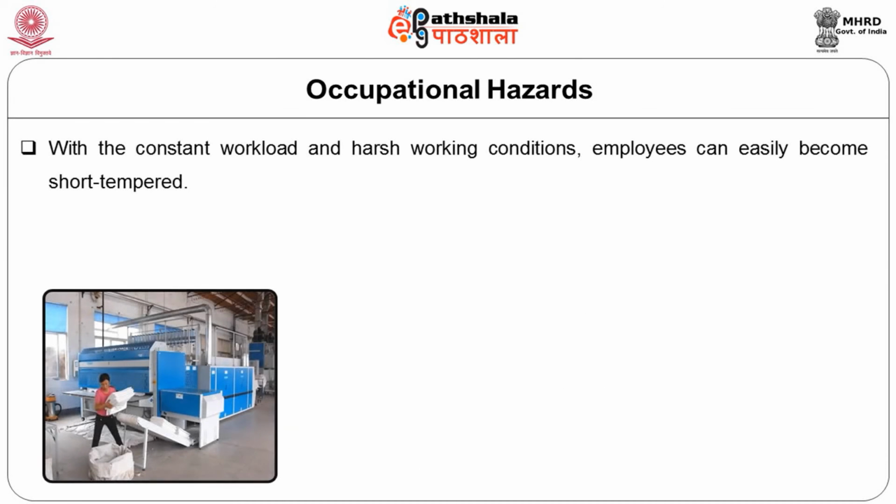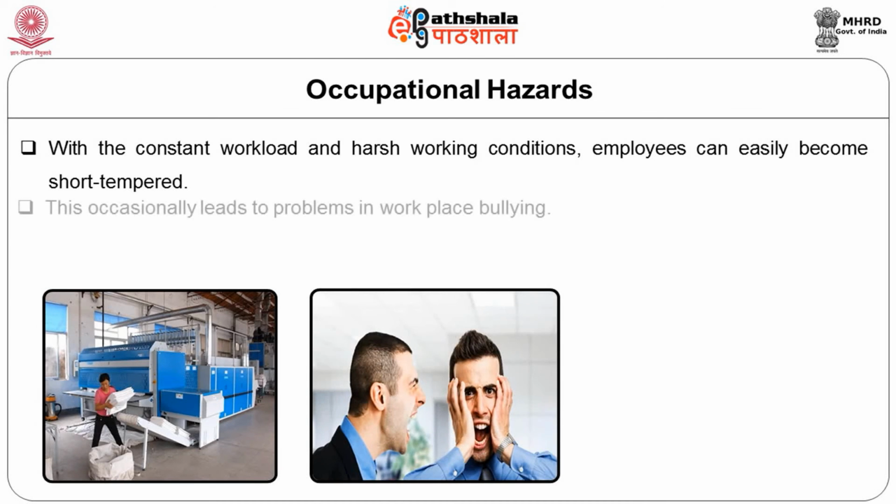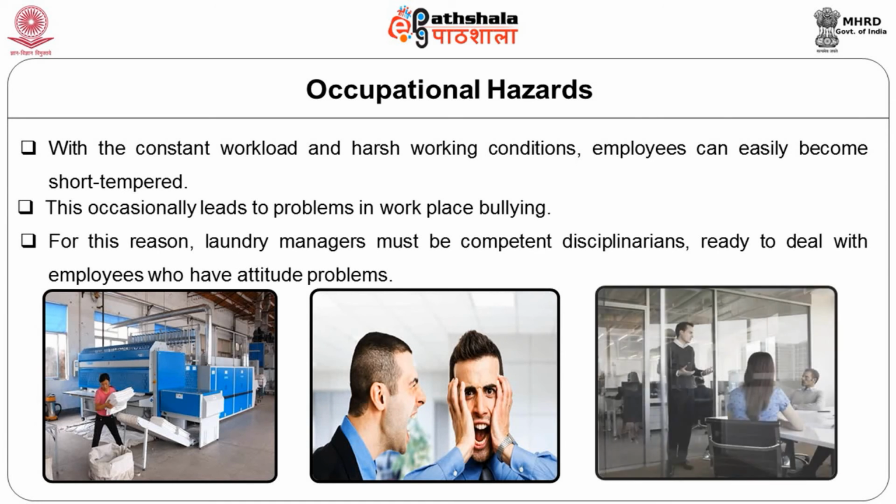With a constant workload and harsh working conditions, employees can easily become short-tempered. This occasionally leads to problems like workplace bullying. For this reason, laundry managers must be accompanied by disciplinarians ready to deal with employees who have an attitude problem.